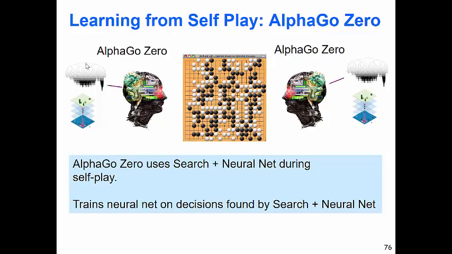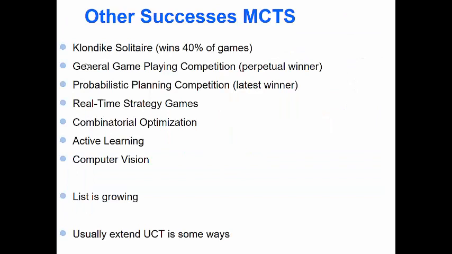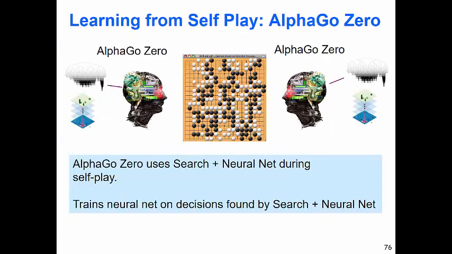You've got your improved network, you use that plus some search to generate improved actions and improved values. Use that to train your network, and you just keep on doing this. And if you keep on doing that, you end up with a world-class player. And so that was pretty interesting. You can learn to play Go, chess, Shogi, just with self-play, and a properly configured neural network and search.